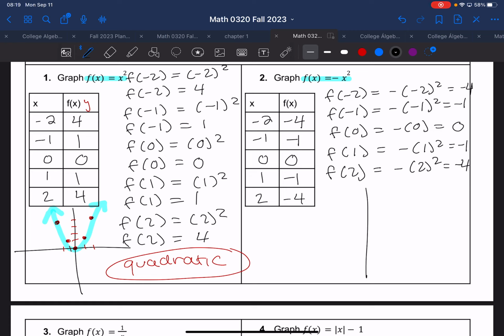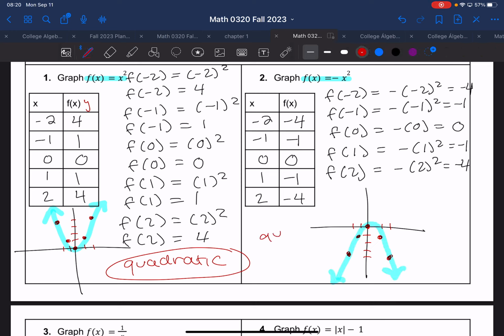So if I was to graph this, I have negative 2, negative 4, negative 1, negative 1, 0, 0, 1, negative 1, 2, negative 4. So I have my quadratic, but facing in the other direction.